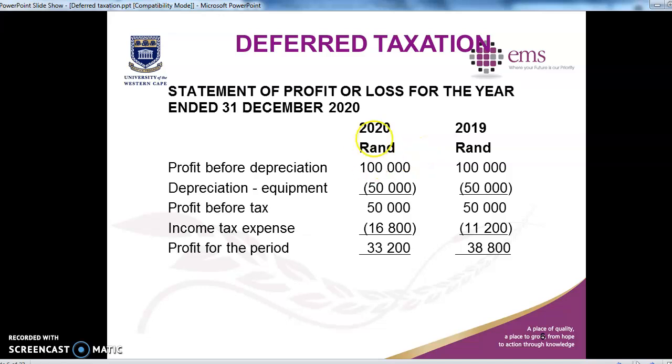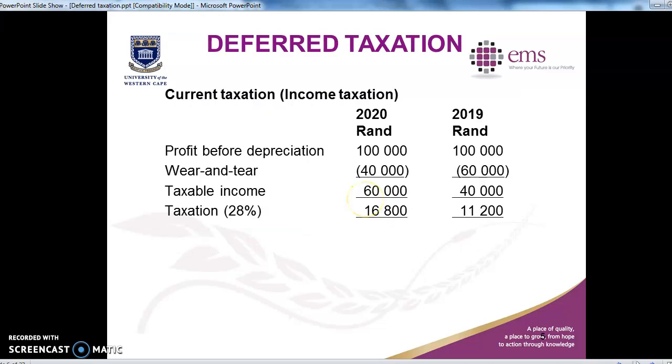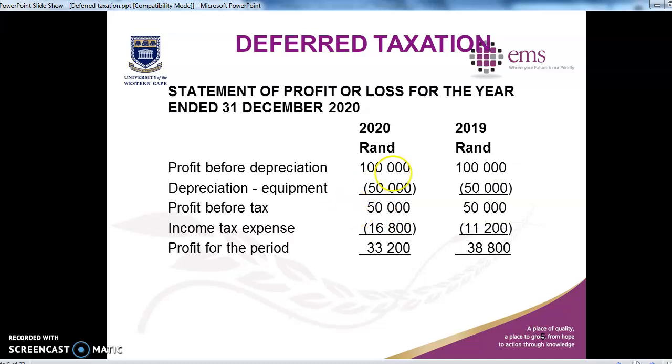If we go to 2020, profit before tax is again 50,000, because we had profit before depreciation of 100,000 and depreciation of 50,000. For 2020, we calculated our current tax to be 16,800, and then we had profit for the period of 33,200.